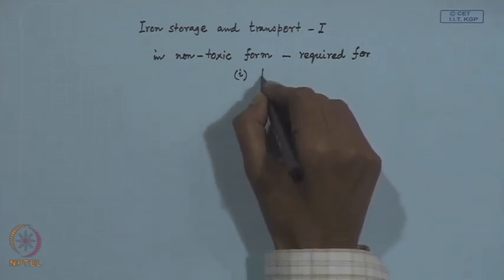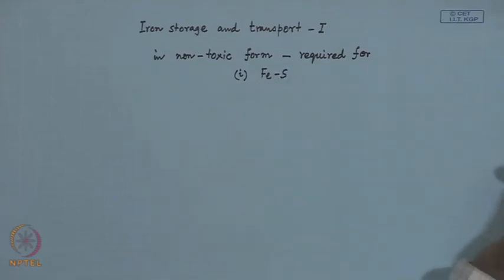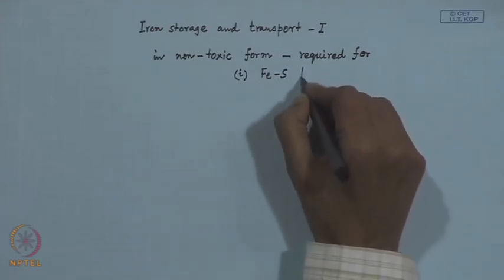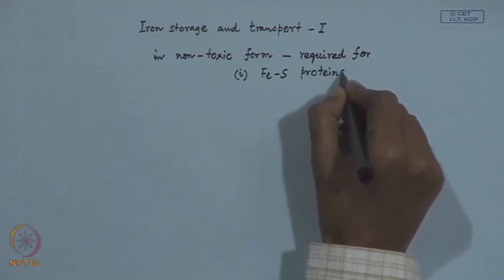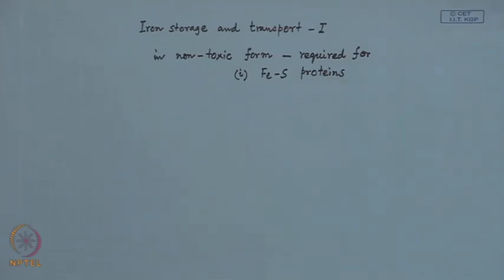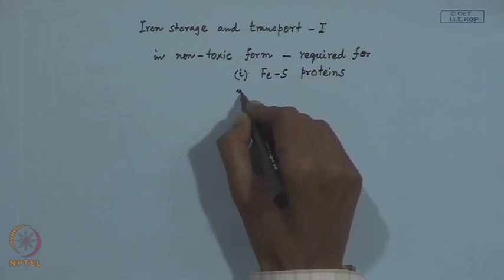So, the first one we can write is the synthesis of iron sulfur proteins, where we get the regular supply of this iron from a storage system. How the storage system works, we will see in this class.